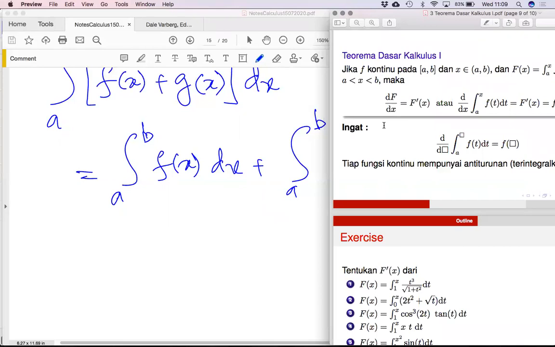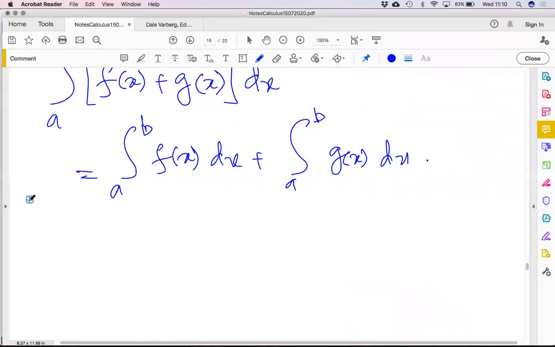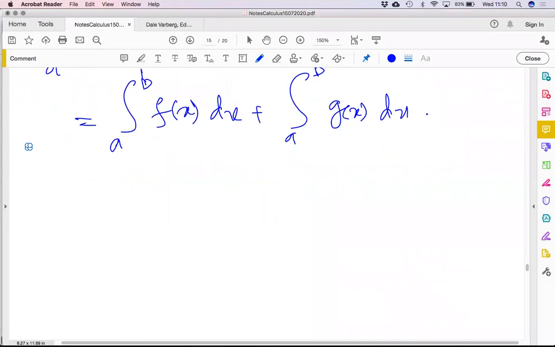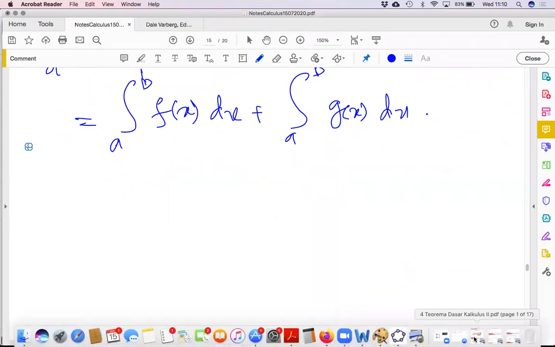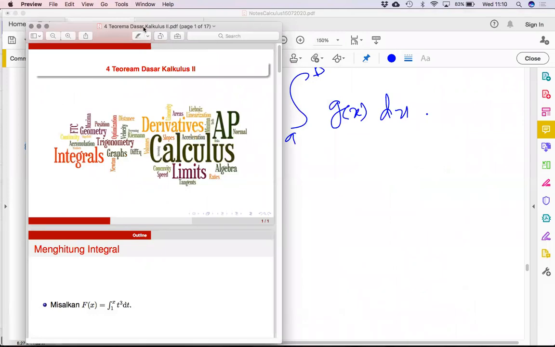Let us continue to the second fundamental theorem of calculus. There are two fundamental theorems in calculus.